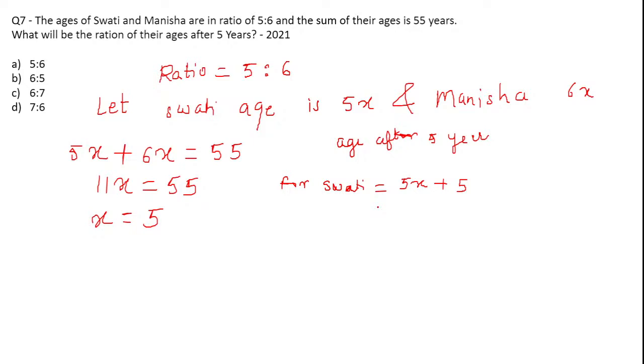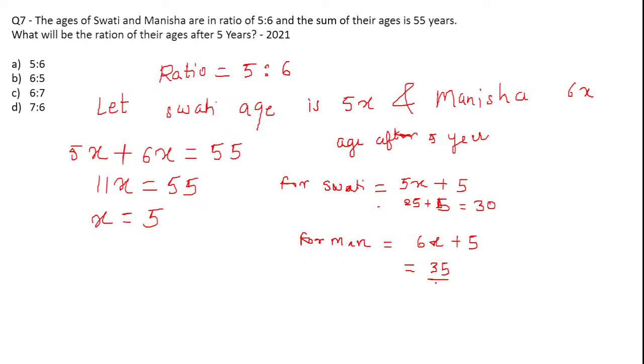For Manisha, 6x plus 5. So it comes 30 plus 5, that is 35.